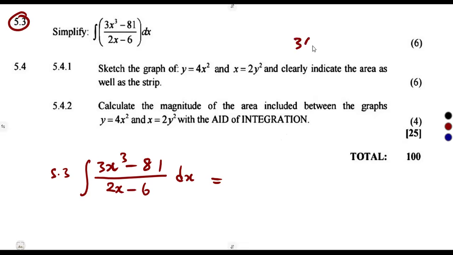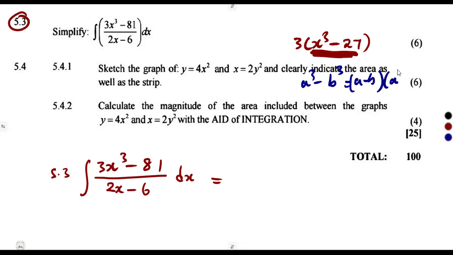So it'll be 3 into x cubed minus 81 divided by 3, which is 27. So if you take, guys, x cubed minus 27, remember those algebraic identities from your N3, a cubed minus b cubed, which is going to give us a minus b into the other bracket of a squared plus ab plus b squared.